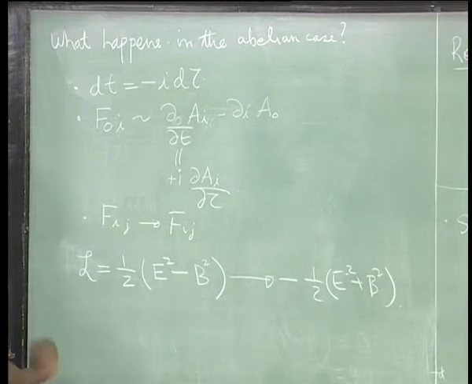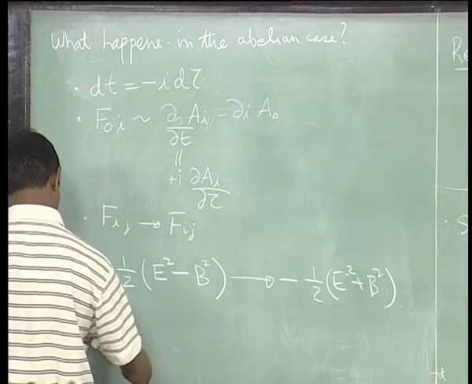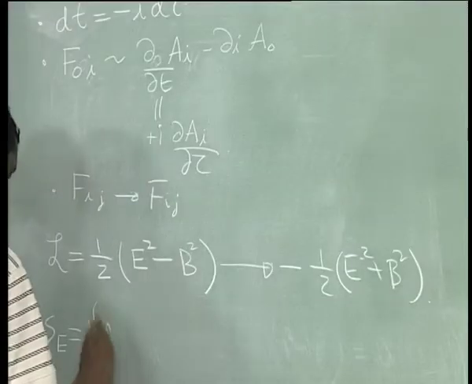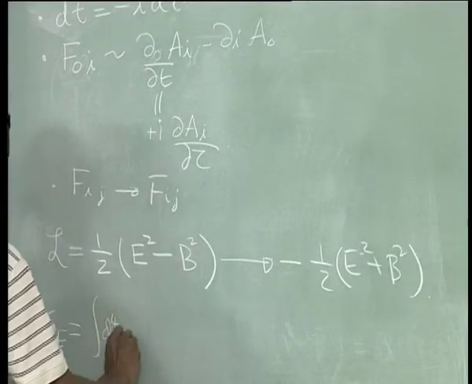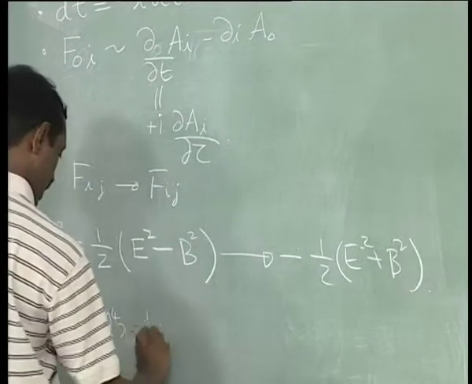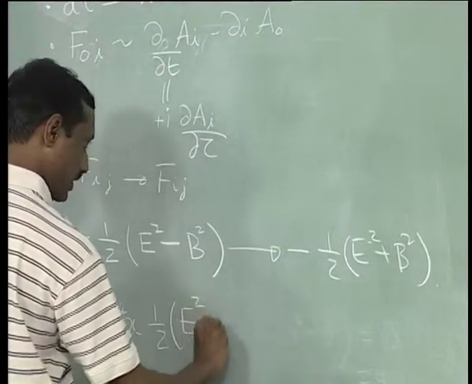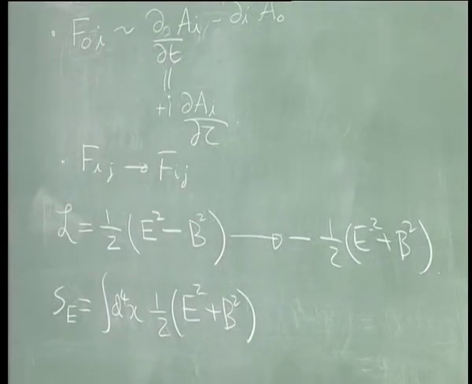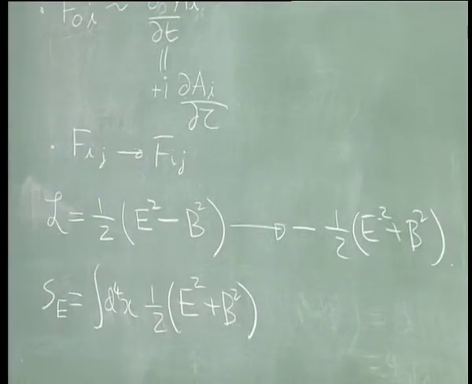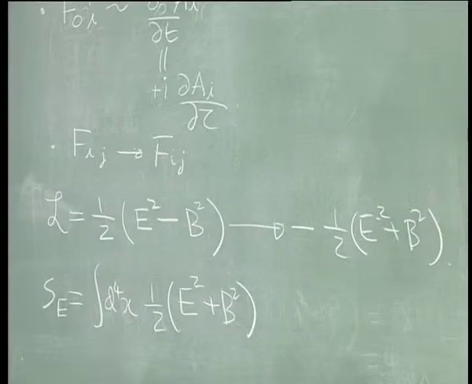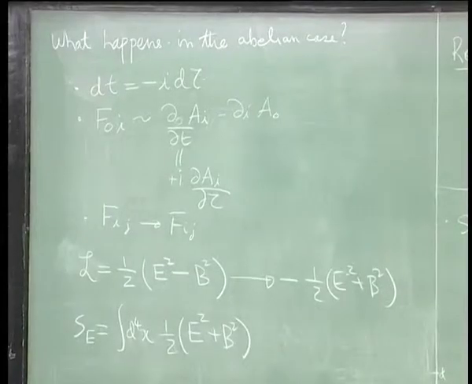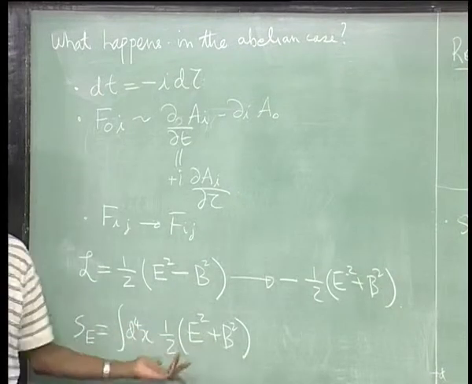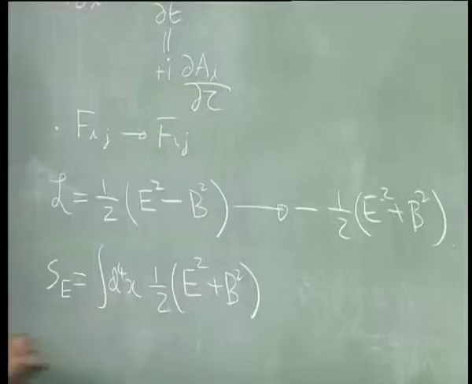So the Euclidean action would look like S equals integral d4x half of E square plus B square, but this we should have guessed. It should look like the Hamiltonian density in one higher dimension. We have worked out for general dimensions that the answer was more or less this. This is what you get, okay.